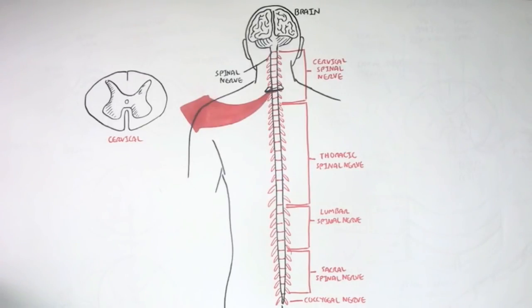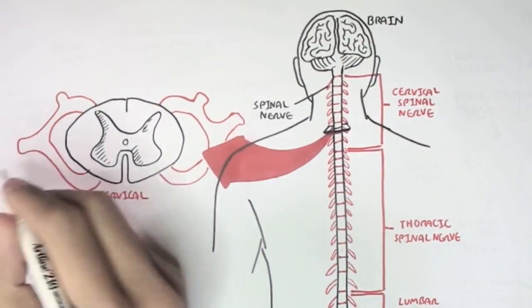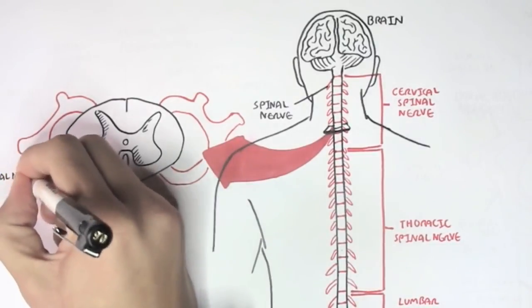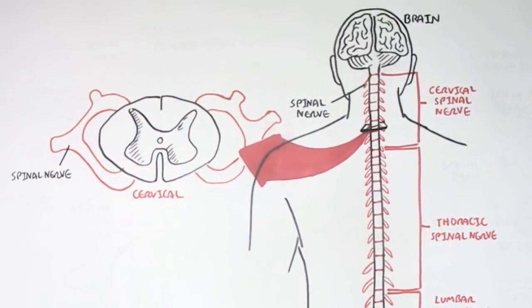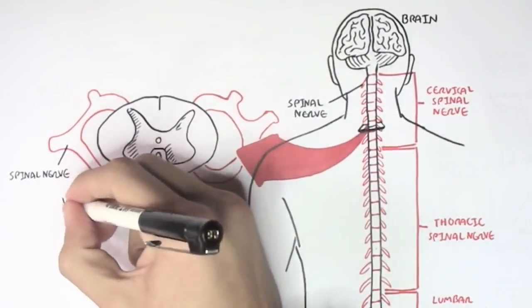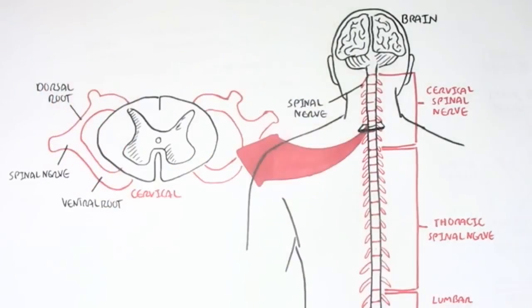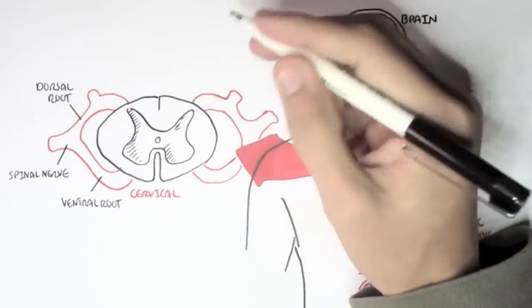So anyway, this is what a cervical region of the spinal cord would look like. And here we have a pair of spinal nerves attaching to this spinal cord. The spinal nerve consists of a ventral root, the front root, and a dorsal root, the back root, which connects to the spinal cord.